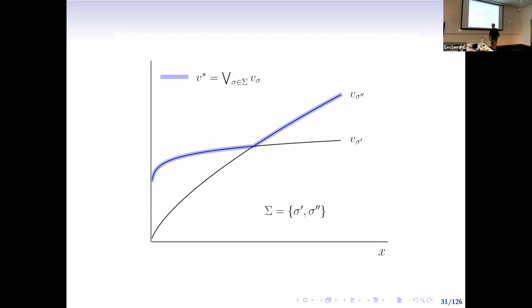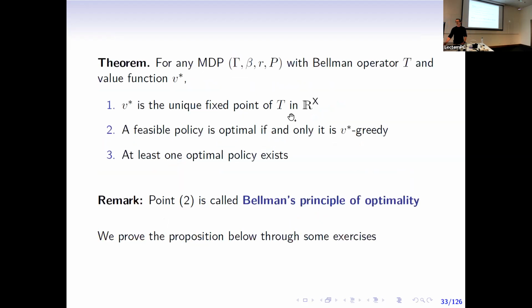But for MDPs, we know that optimal policies always exist. So this is not possible. There's going to be one of these black lines, a lifetime value, that lies above all of them. Well, that's one of the fundamental results. So here's the fundamental result of optimality for Markov decision processes.